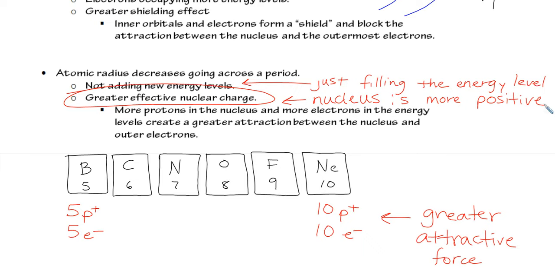The stronger the attraction between the nucleus and the electrons, the smaller the radius of the atom. So I'd definitely be able to rationalize why the atoms get smaller. Use the term greater nuclear charge. Become obsessed with that.